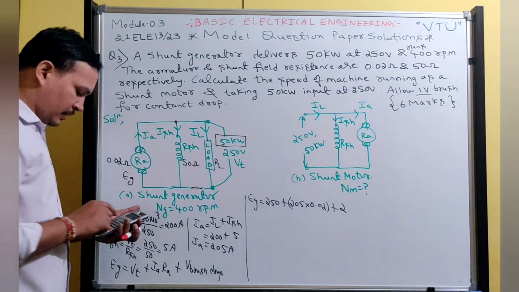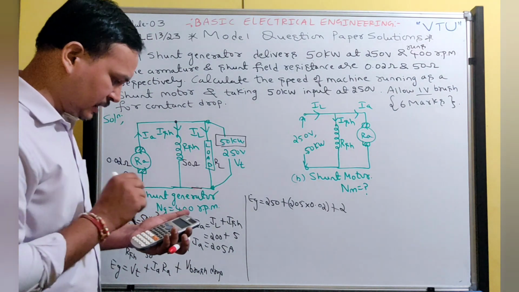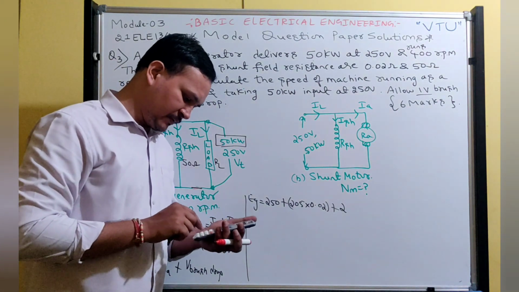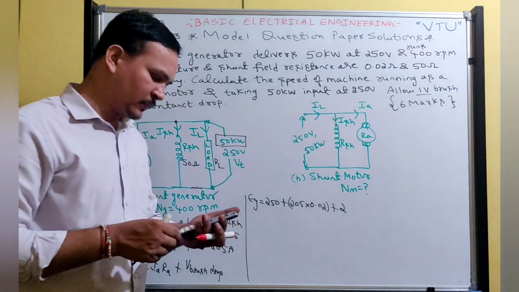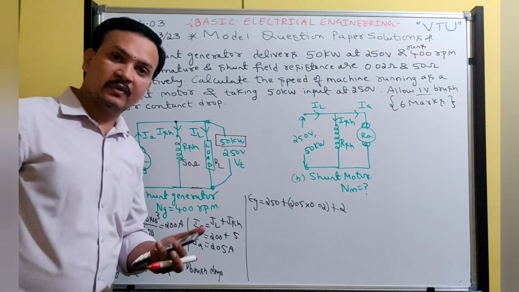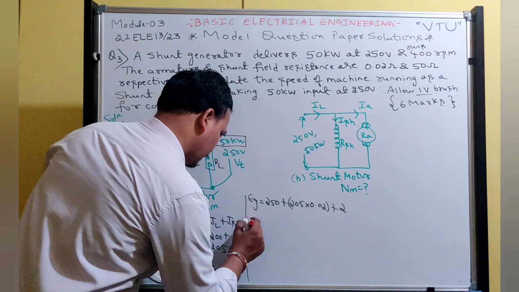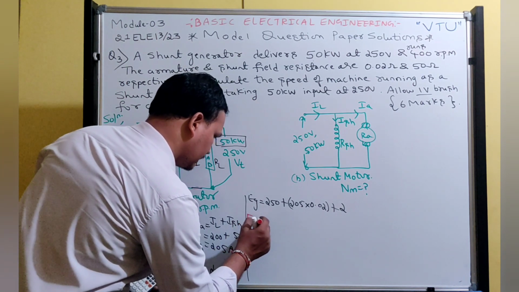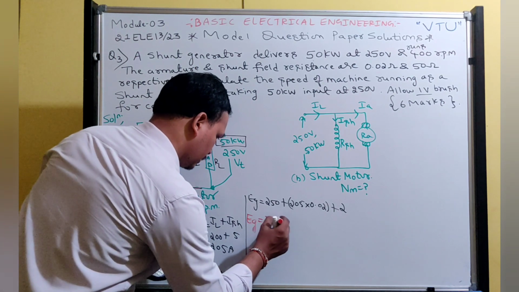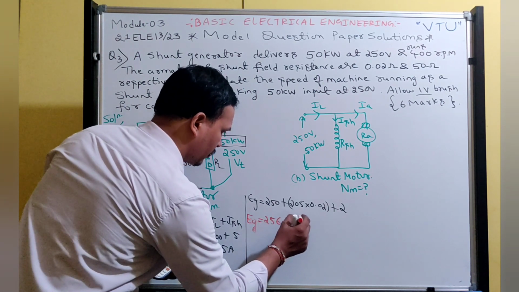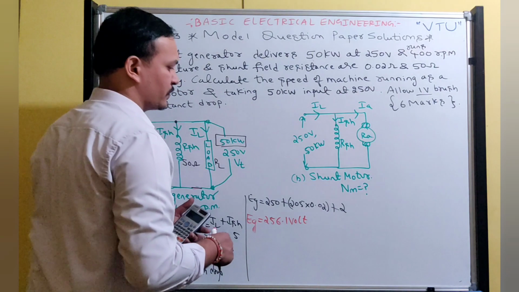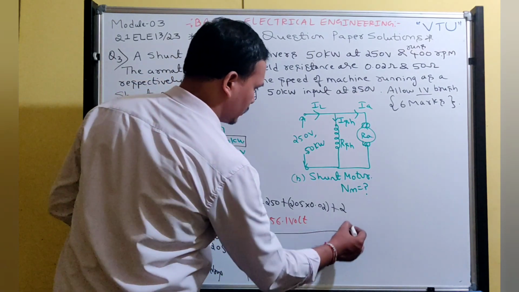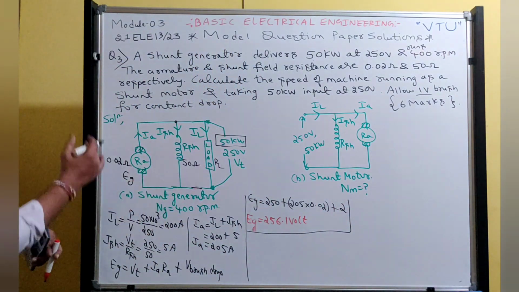Do this in the calculator: 205 into 0.02 plus 2. So I am getting 256.1 volts. So the generated voltage EG is 256.1 volt. Okay, till here all the calculation is related to the generator side.